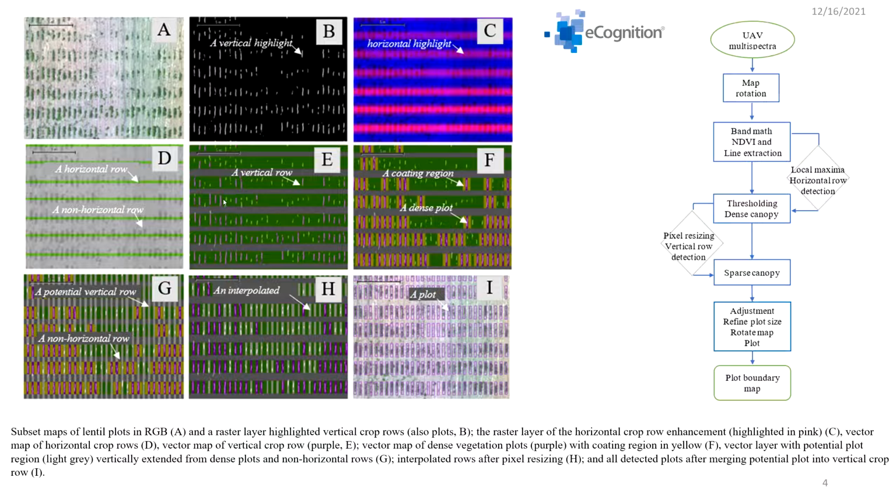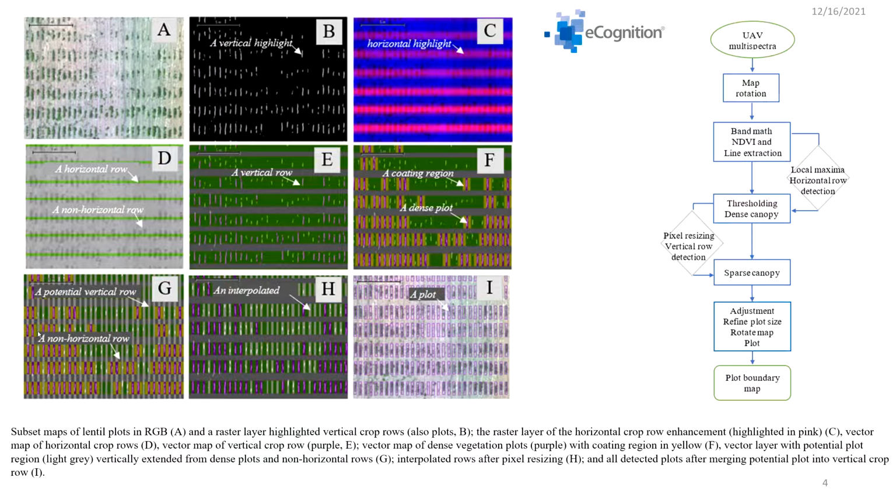From this purple plot, we resize the dense plot, and we get the purple square here. From the purple plot here, we buffer horizontally to get a coating region in yellow. We do this to prevent any estimated plots located too close to the dense plot. From the dense plot here, we grow vertically to get the potential vertical rows, as you can see here.